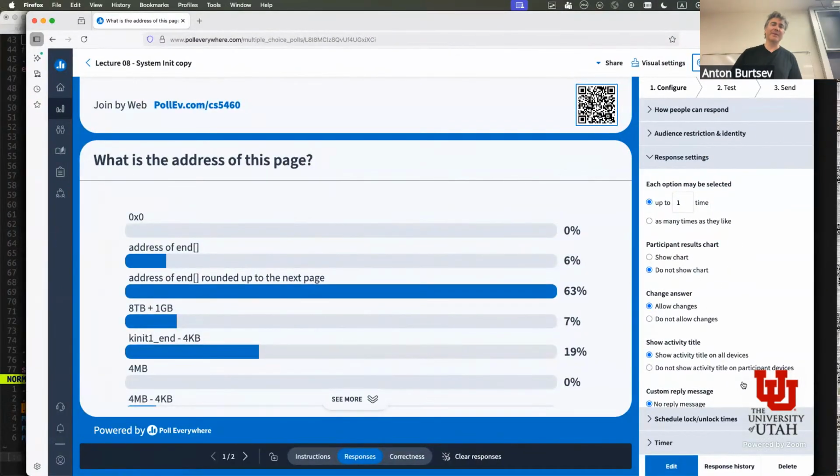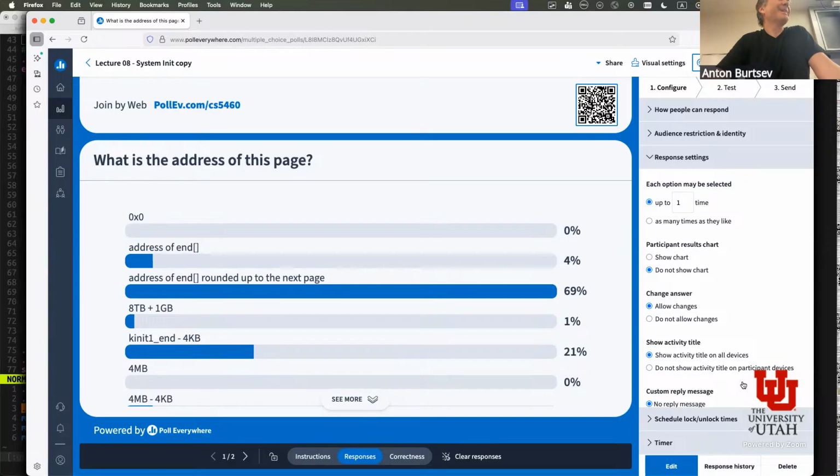So we're at this. The distribution is what is called bimodal. We have two potential answers. Some people argue for the address of the end rounded up to the next page. Some argue for kinit1 underscore end minus 4 kilobytes or something along those lines.